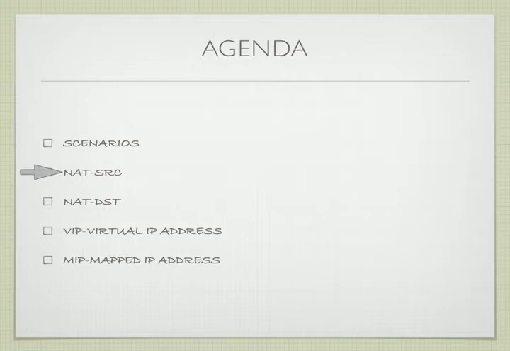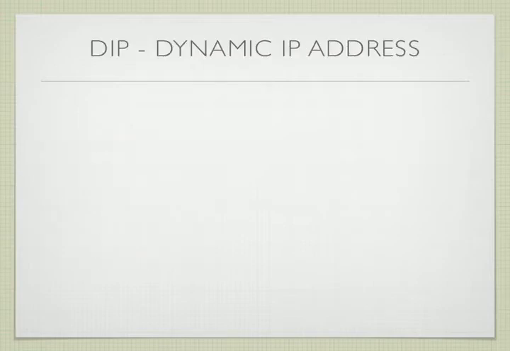Okay, so let's talk about how we achieve these functions. We'll deal with source NAT first. Source NAT can use dynamic IP addresses.